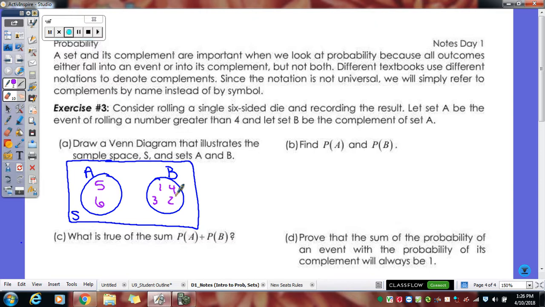There's our Venn diagram to show that. So over here, find the probability of A. What's the probability of getting a number from A out of 6? Which would be 1/3.